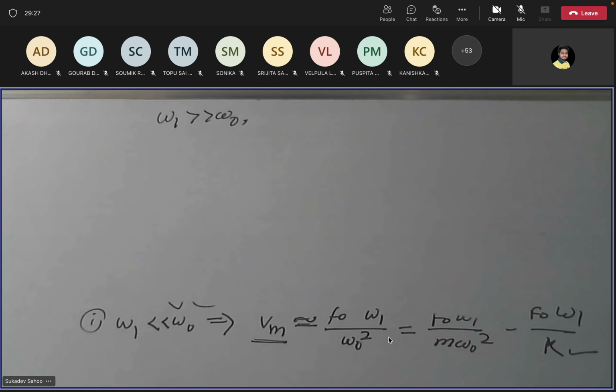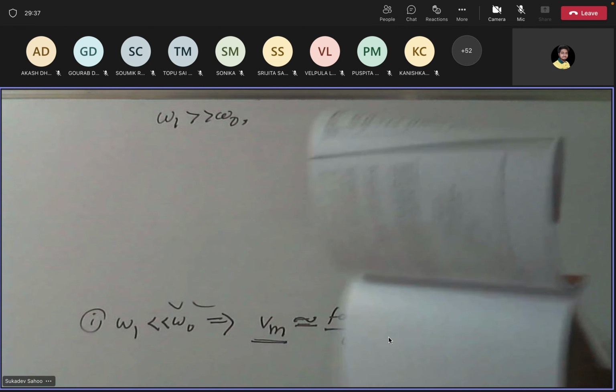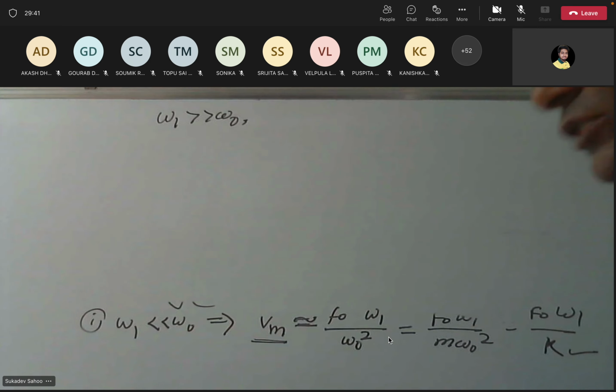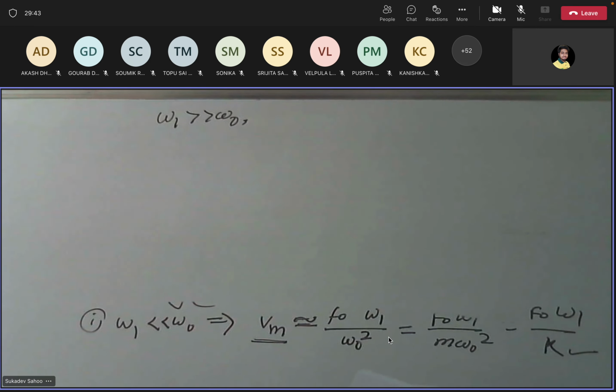Then what is the difference between amplitude resonance and velocity resonance? In the book we have made one table showing the difference between velocity resonance and amplitude resonance. Amplitude resonance is also known as displacement resonance.